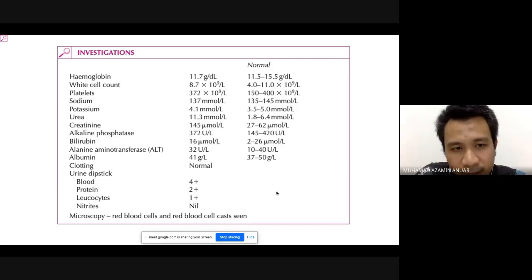So because of the vasculitis, because of the inflammation of the blood vessels, that's why you got this leaking of protein and blood in the urine. So that's the expression of that. And leukocyte sometimes can be leaking as well. Tapi leukocyte compared to protein, compared to red cell, leukocyte is much bigger in size. So that's why you got slightly less.